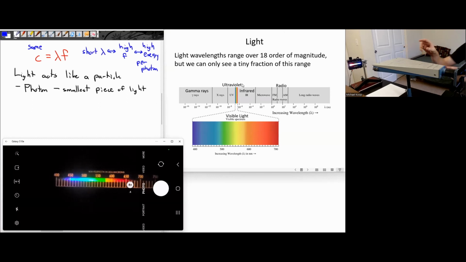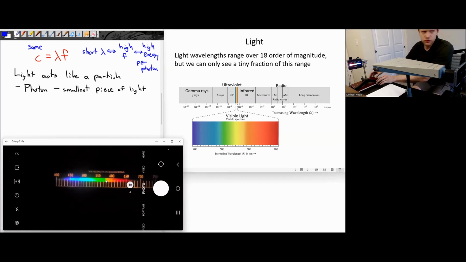Right now I have this spectroscope aimed right at the white light. I know these colors are kind of hard to see, but when we break that light up, we get all of those individual colors. There's blue light in there, green light, yellow light, red light. All of those different kinds of light are in this spectrum.